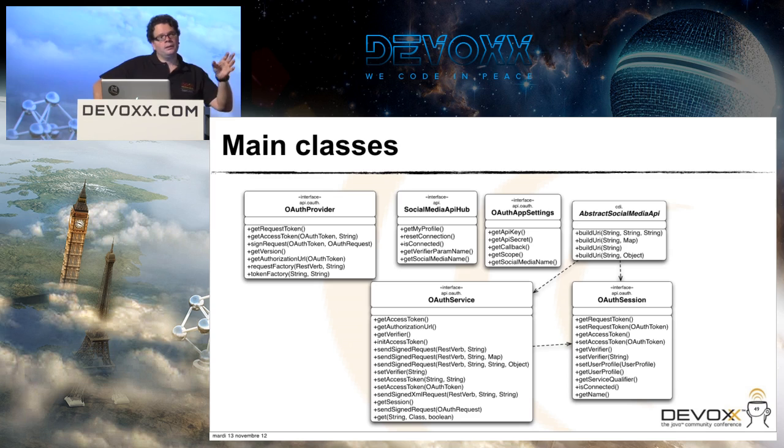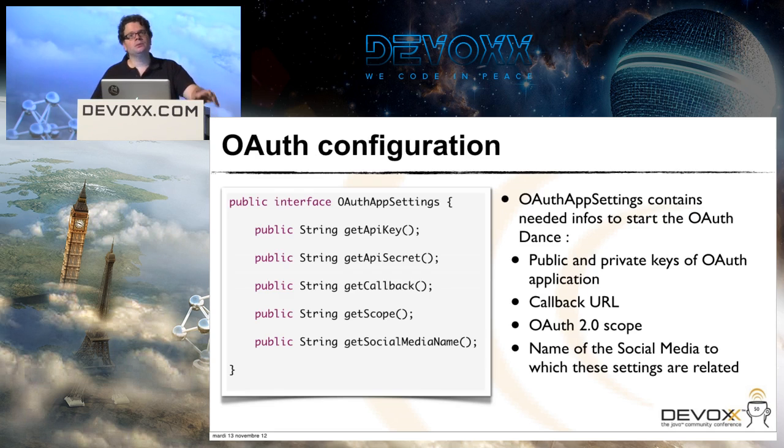And all these families have to be organized in different classes, objects. So the abstract social media API is the base object that provides the main service to create a new family of API for a given social media.